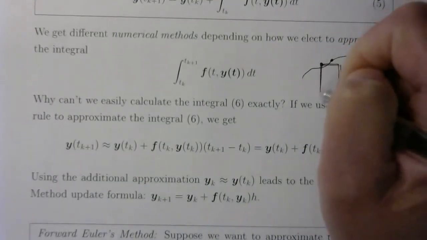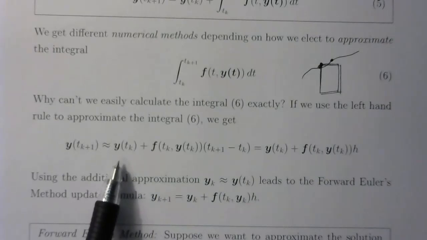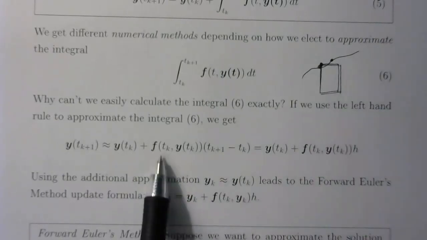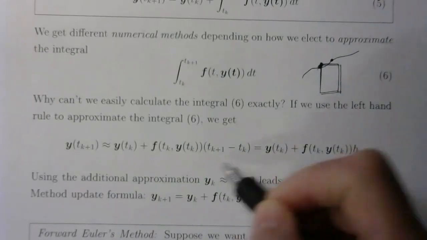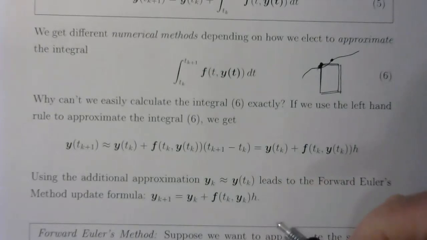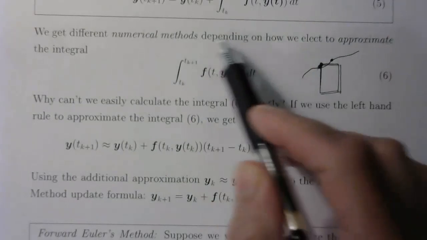Then y at tk plus 1 is approximately y of tk plus the area of this rectangle, right? The height at the left-hand side times the width of the base, which we know is just our h. This would be the most basic way of approximating this integral here.